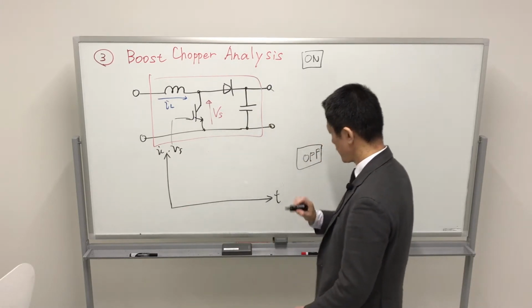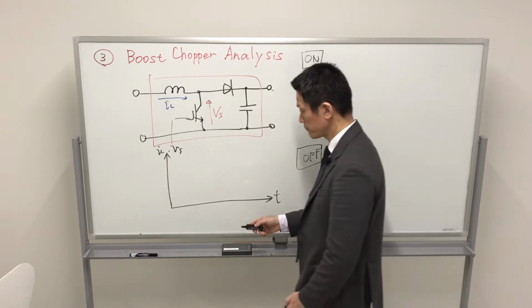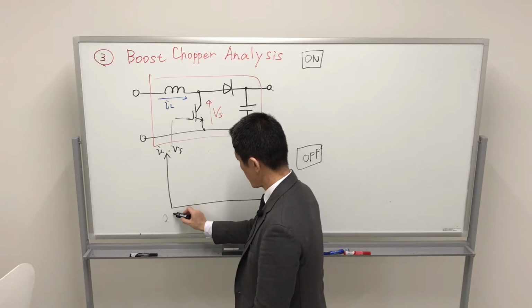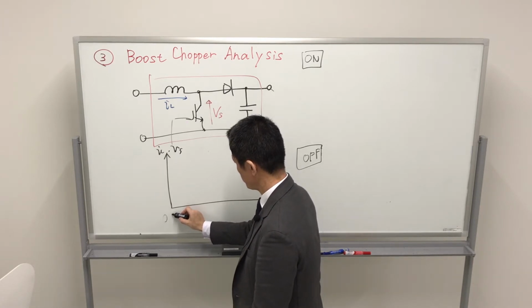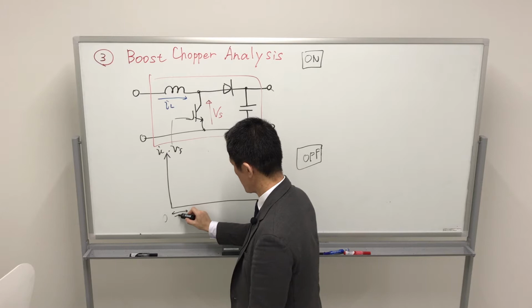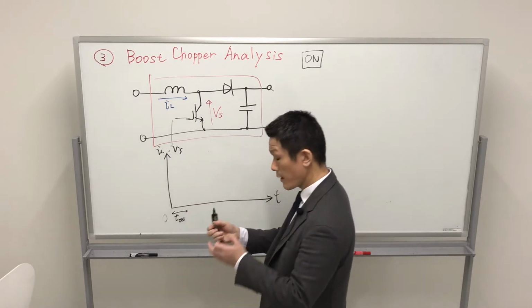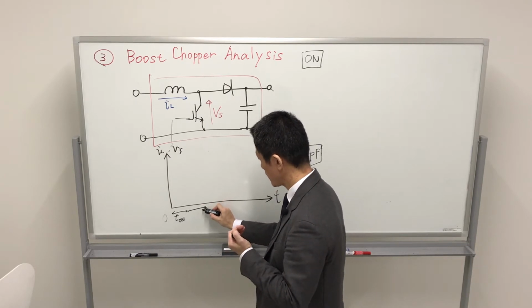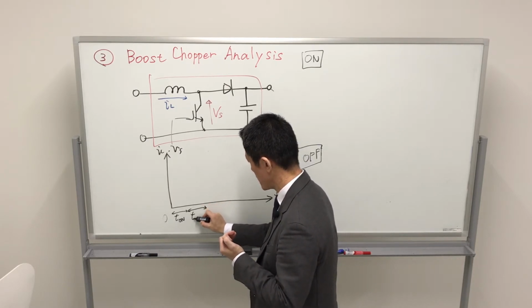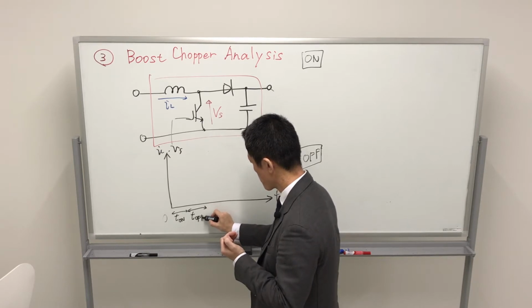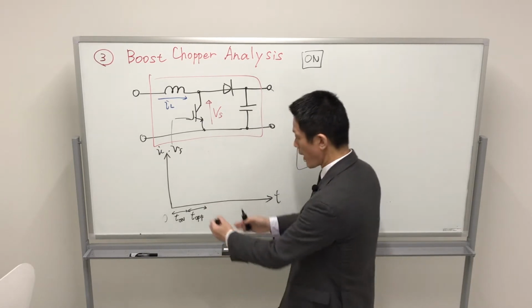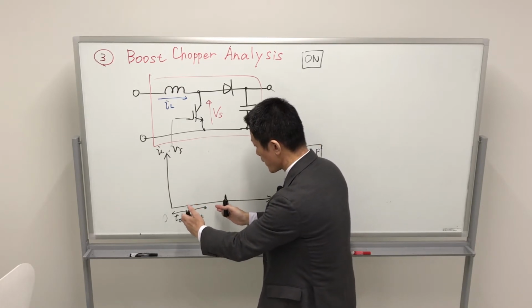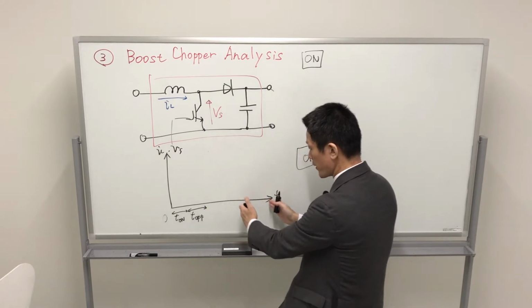And this one is time. And the time is divided into the turn on term, which we indicate as T on, and the turn off term, which is the T off. And the added time is the sampling one. And this is a cycle like this.